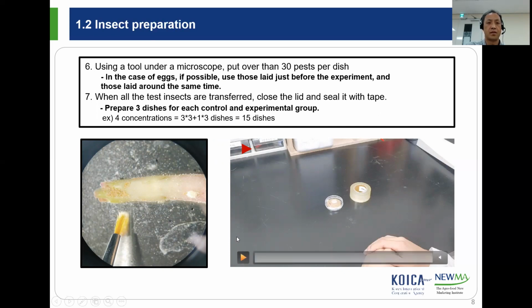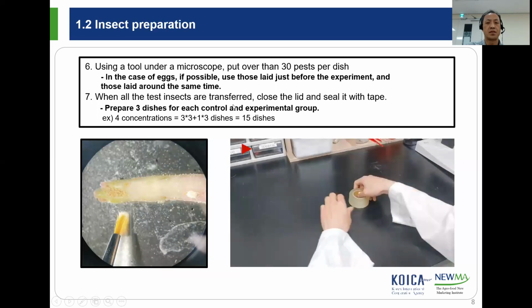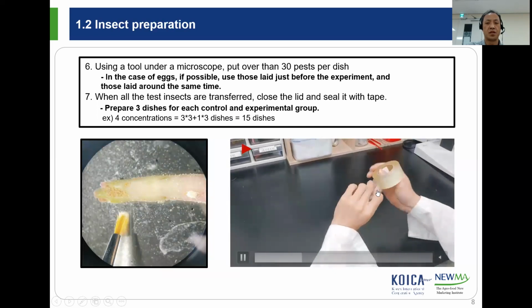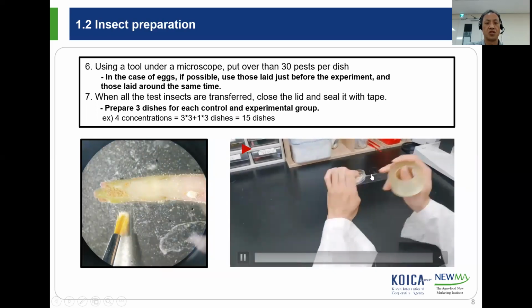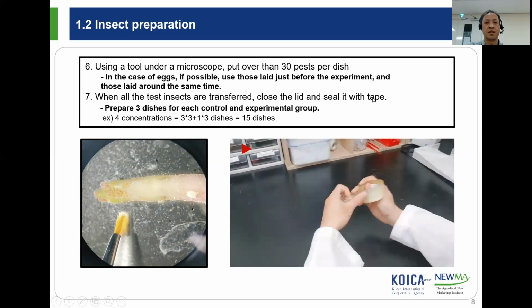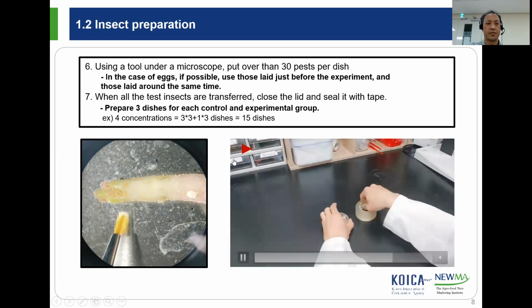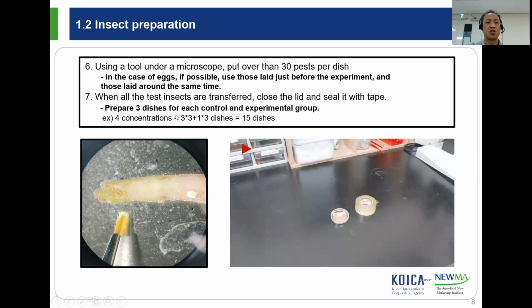When all the insects are transferred and there are 30 insects on the dish, close the lid and seal it with tape. Prepare 3 dishes for each control and experimental group. For example, with 4 concentrations, in total we need 15 dishes.